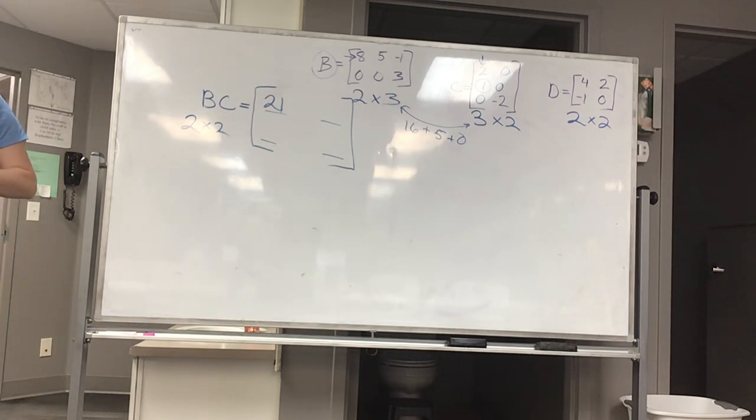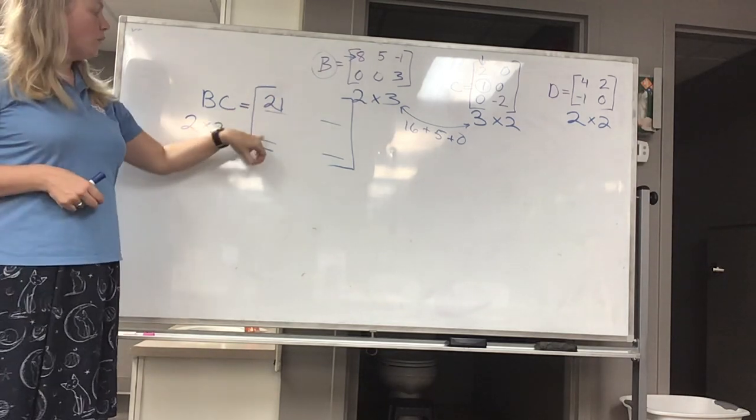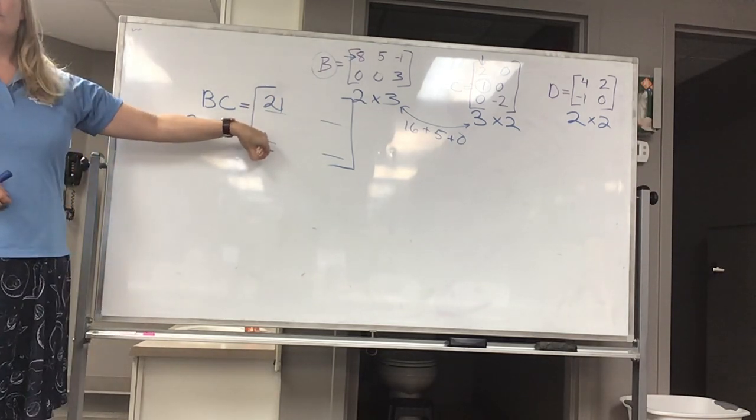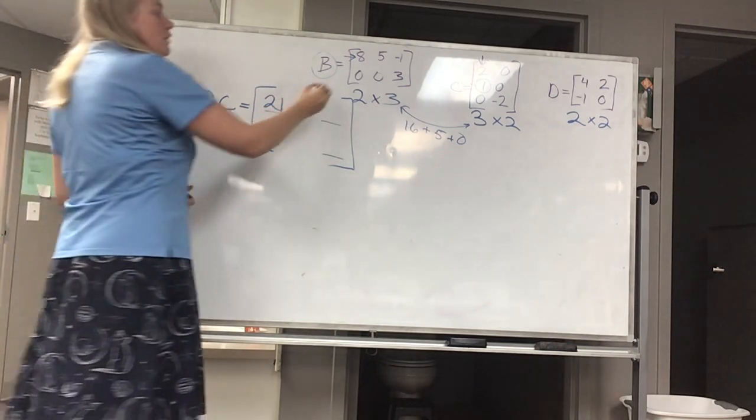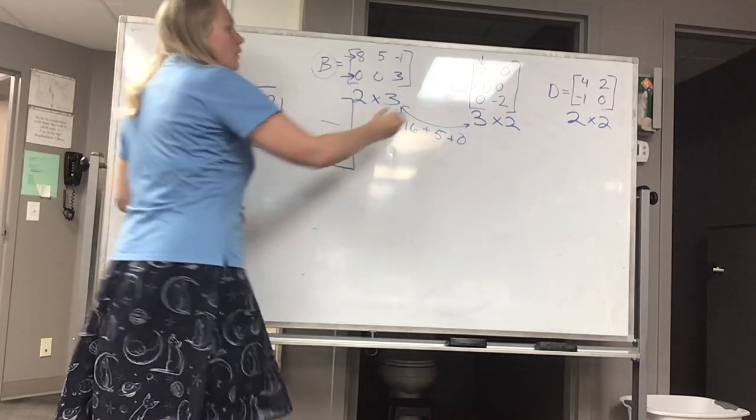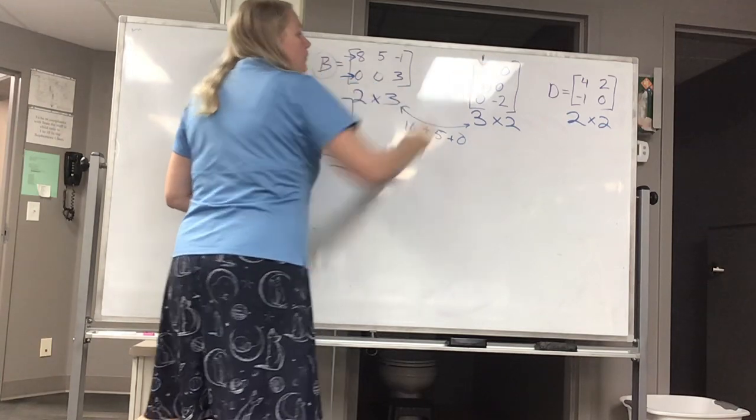So with matrix multiplication, again, the rows and columns make a huge difference. That tells you where you're getting it, but it's a matter of multiplying the corresponding pieces and adding it all together. So for the second one, second row, first column, that tells us we need to use the second row, the first column.